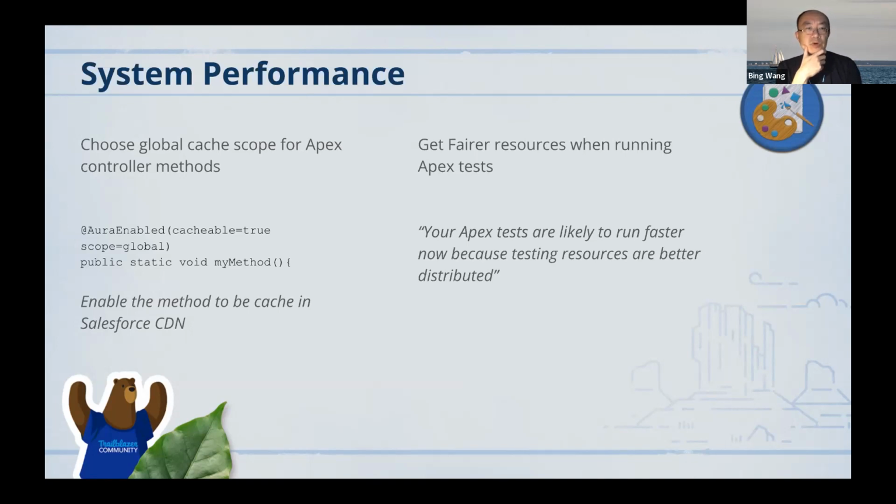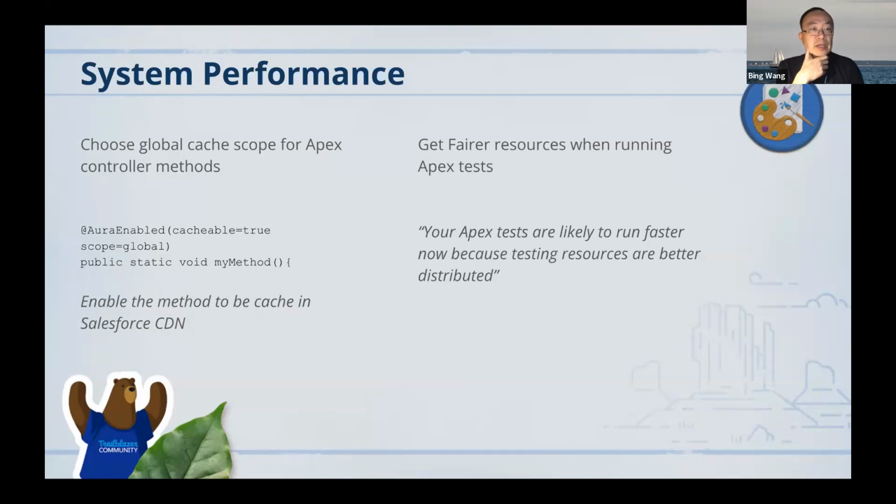With scope equal global here, it also allows the method to be cached with a global caching mechanism such as Salesforce CDN. So this is particularly important if your user base is spread across the globe. For instance, you have an EU instance and people need to use it from Australia. Good support for CDN would benefit that.